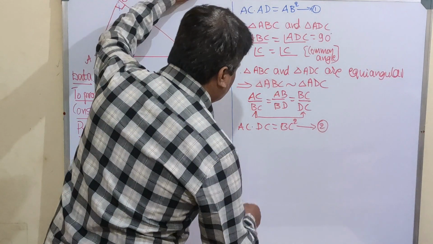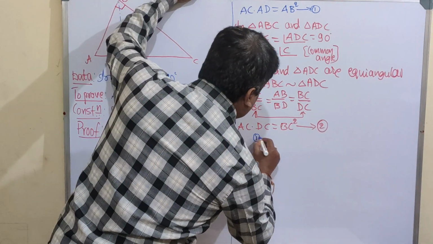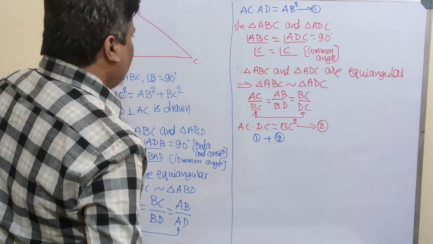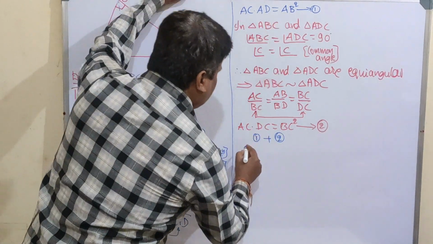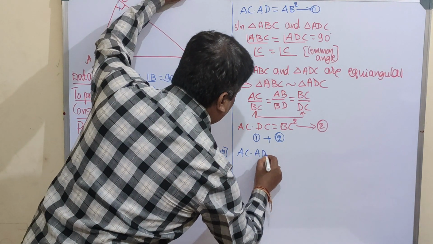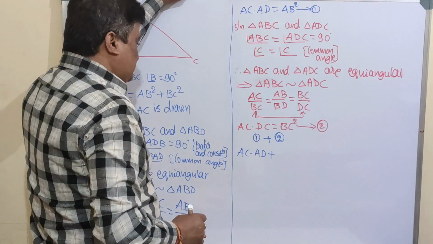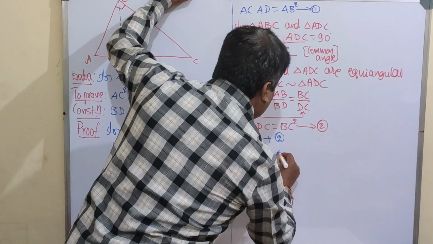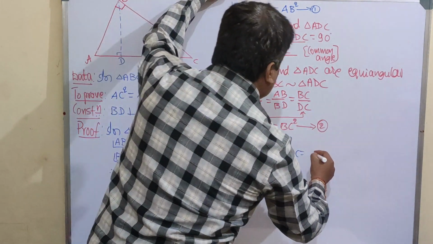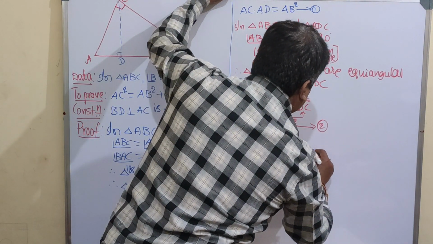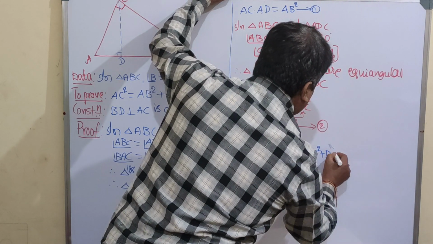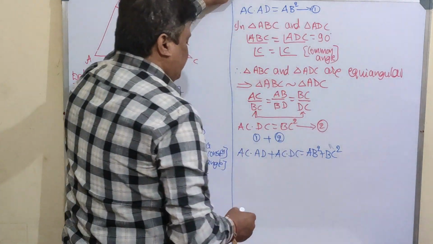Adding equation 1 and equation 2, what is equation 1? AC into AD plus AC into DC is equal to AB square plus BC square.